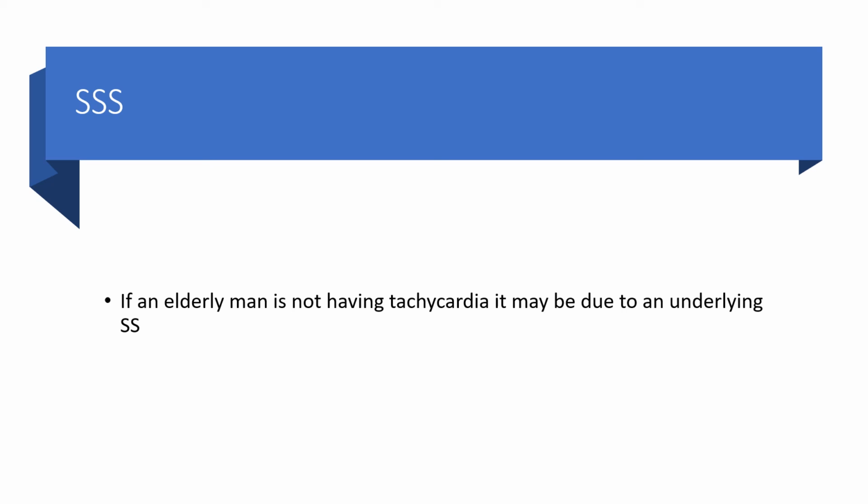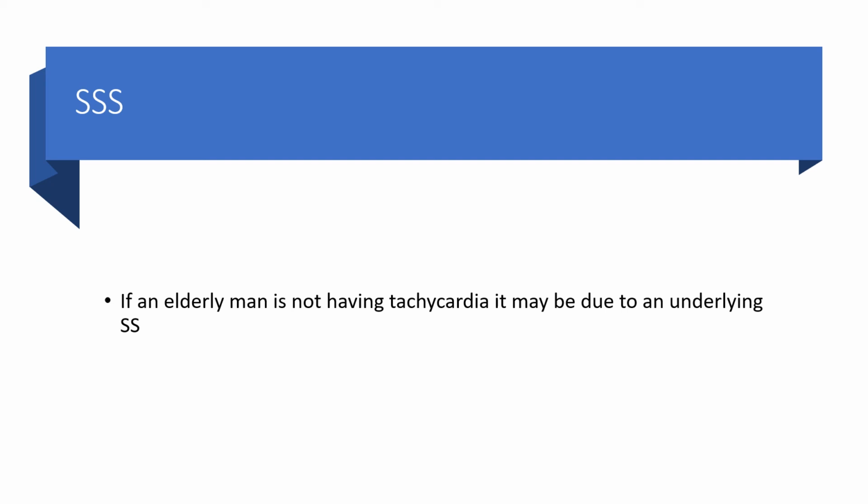Remember, if you want me to explain further, between the junction of superior vena cava and the right atrium is where we have sinoatrial node. Like all other tissues that could undergo degeneration in older people, that sinus node could also undergo degeneration.